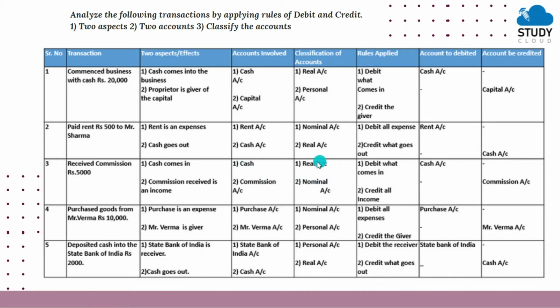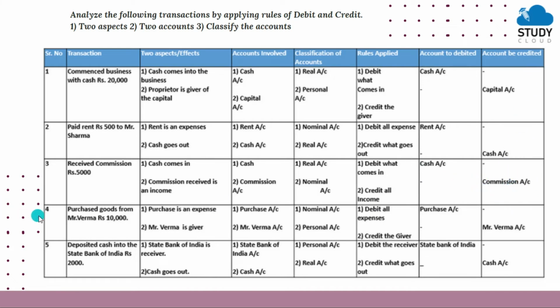Cash is a part of real account, commission is an income, so it is nominal account. So real account rule here applied will be debit what comes in because cash comes in. And for this nominal one, the rule applied here will be credit all incomes because commission is an income for the business. So on the debit side we will write cash account, and on the credit side we'll write commission account.